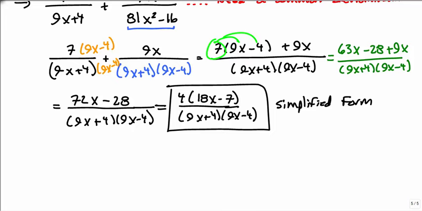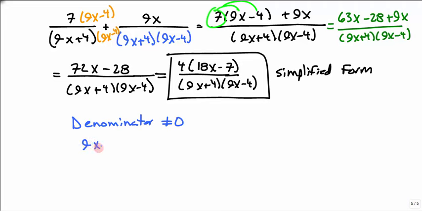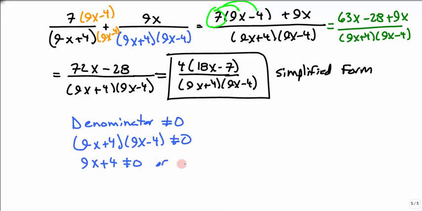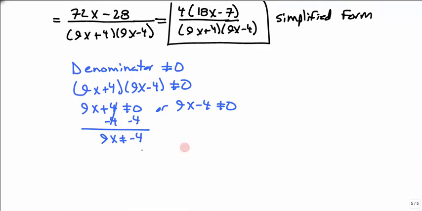Nothing will cancel. But remember, we need to find our restrictions here. To find our restrictions, the denominator cannot equal 0. So I would say 9x plus 4 times the quantity 9x minus 4 cannot equal 0. I would take each of these: we'd subtract 4 from both sides, divide through by 9, and I get x cannot equal negative 4/9.